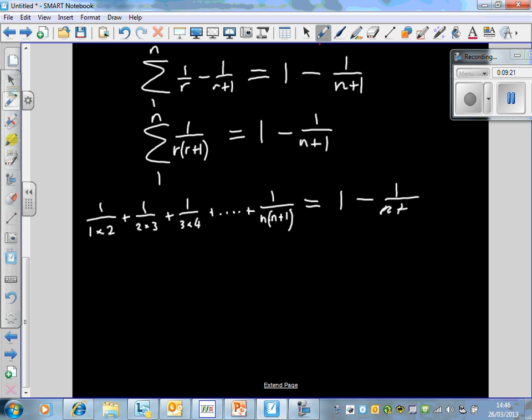That is going to be equal to 1 minus 1 over n plus 1. We have worked out the formula for this rather complicated fractional sum. That's what it is. We've worked out the formula for what happens when we add up all of these terms.